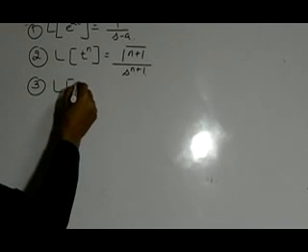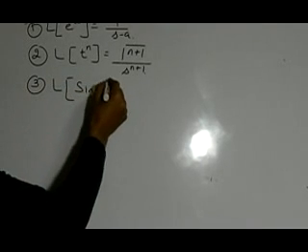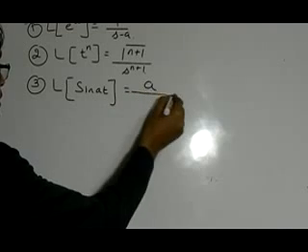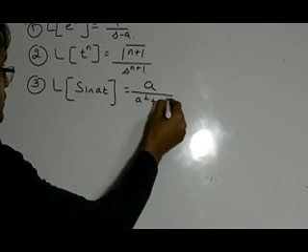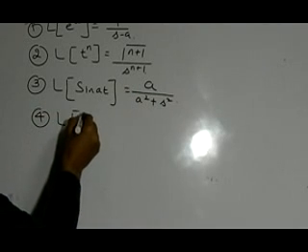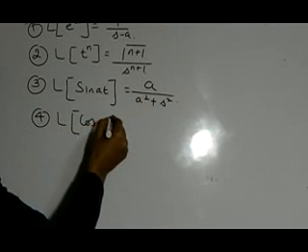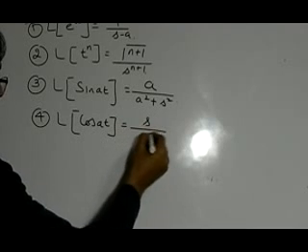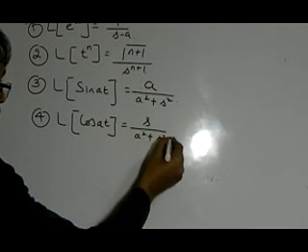Laplace of sine at is a upon a square plus s square. Fourth one is Laplace of cos at is s upon a square plus s square. Okay, now these are the 4 formulas. On the basis of this we will develop some more formulas.